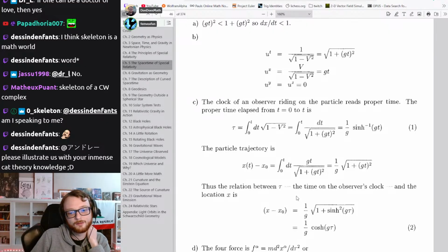Whether or not we're doing a non-relativistic problem versus a relativistic problem. It's just that if you're paying attention to relativity, then when the velocity gets big, we have to do the time conversion.